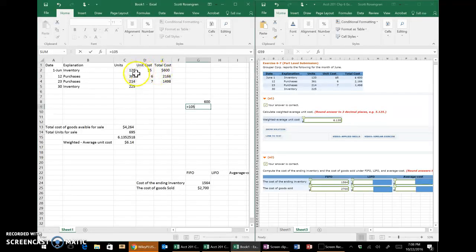Since we used all these, we go to the next one. And that'll give us 630, which if we added these two together, our cost of the ending inventory would be 1,230.